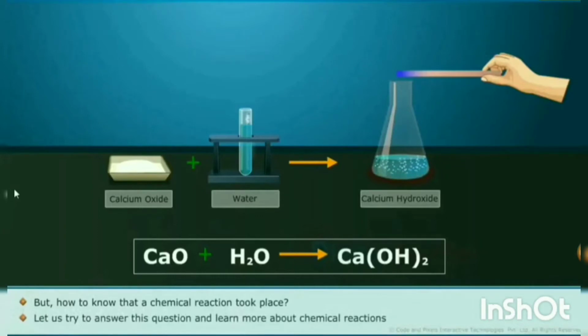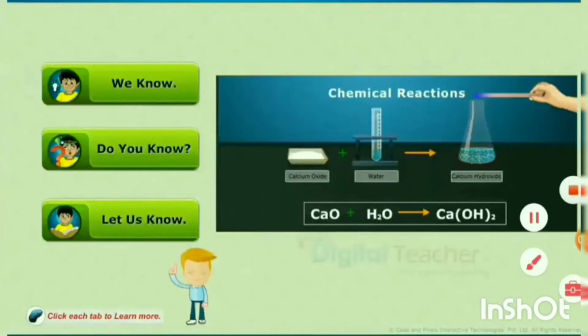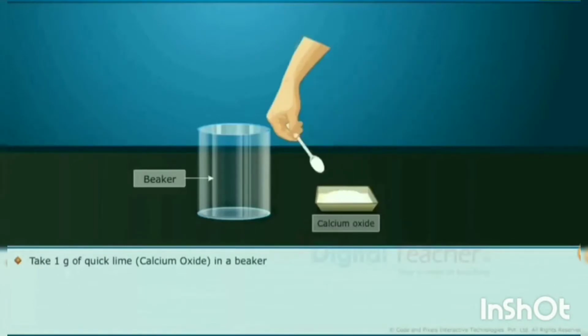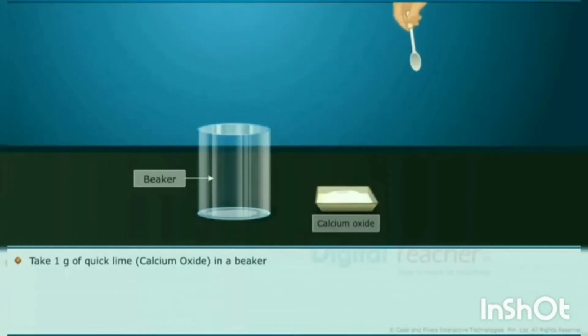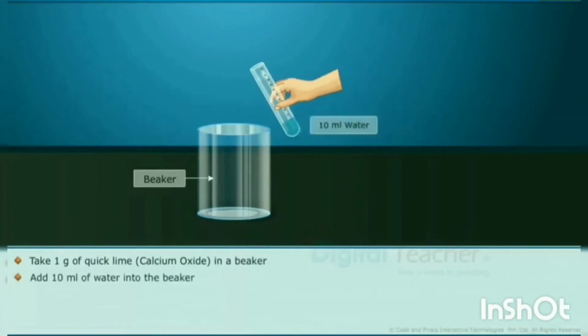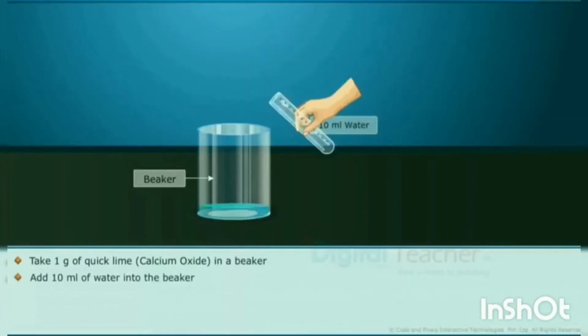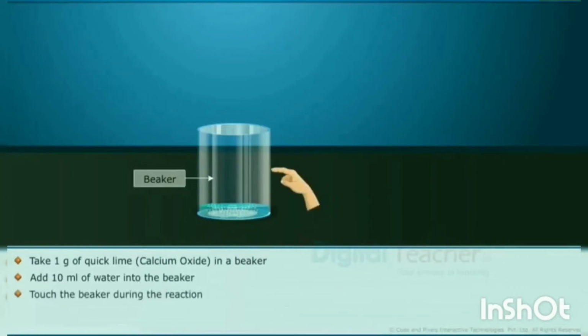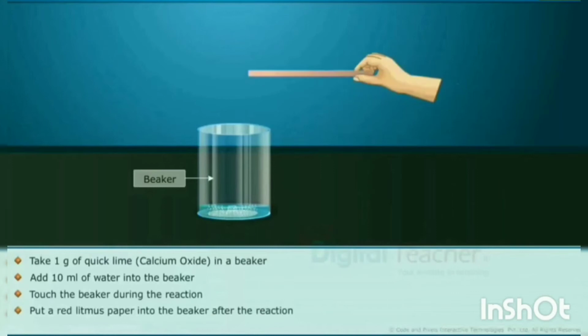To understand chemical reactions better, we are going to perform an activity. In this activity, we take 1 gram of calcium oxide in a beaker and then add 10 ml of water into the beaker. Now after a few minutes, touch the beaker and put a red litmus paper into the beaker.